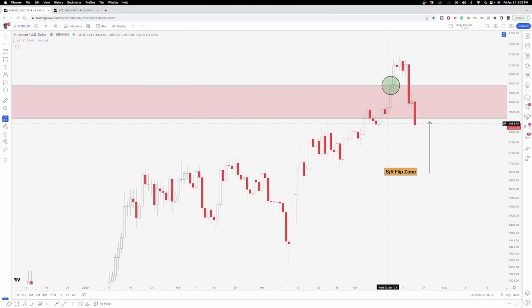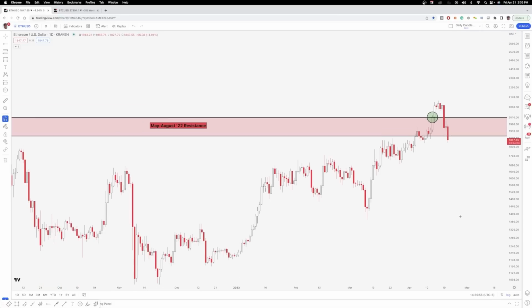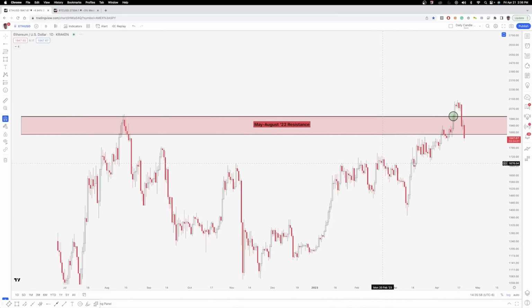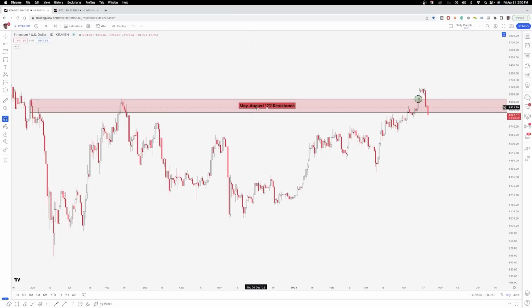Ethereum, same thing. You can see here that we did mention last weekend in the video that we could have a potential SR flip. That is essentially when you break above a previous area of resistance. In this case, it was the May to August of 2022 resistance. We broke above it, pulled back down, and now we're starting to break below it.